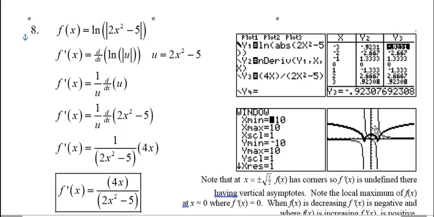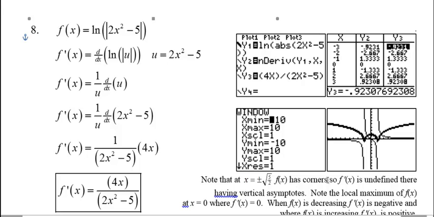Actually, definitely this graph's a little misleading. The original actually has vertical asymptotes right there, and so the derivative does too.